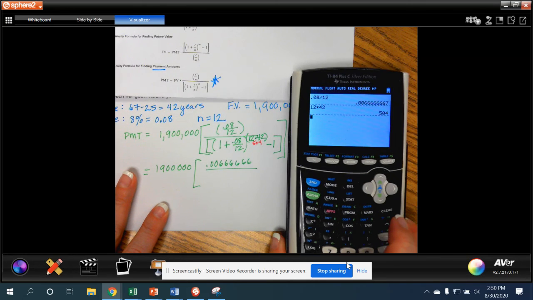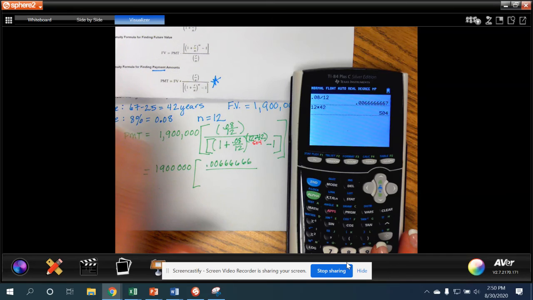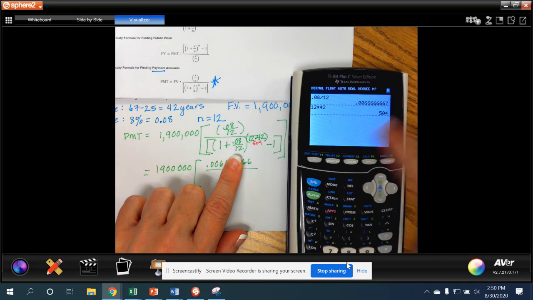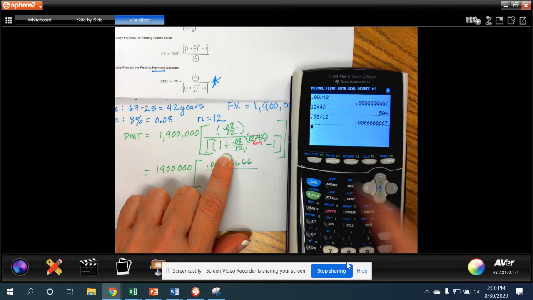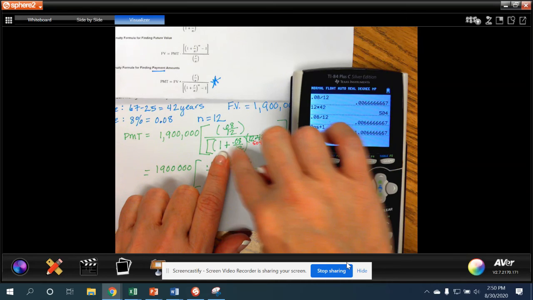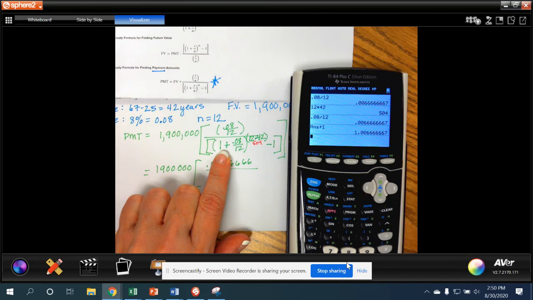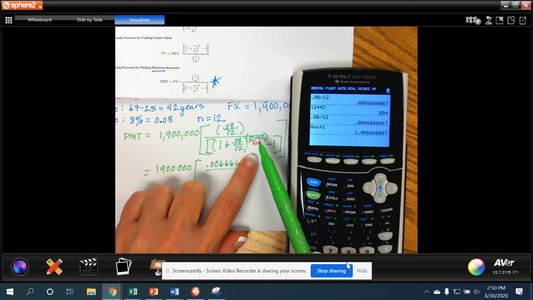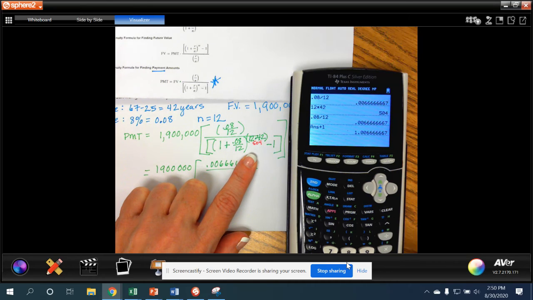Now, working inside out, I will go ahead and do this item. So 0.08 divided by 12, enter. Add my 1 plus 1. This is my inside number. I'm not going to copy or do any of that. I'm just going to take it to the exponent of 504.